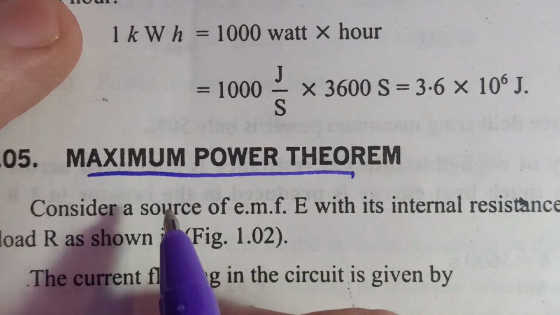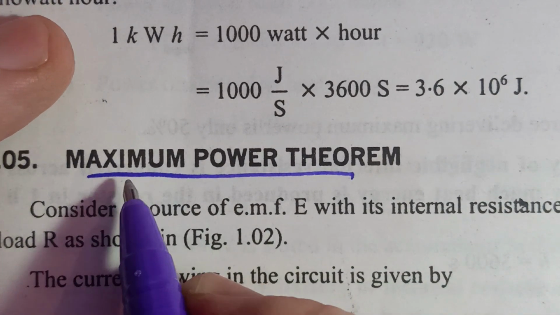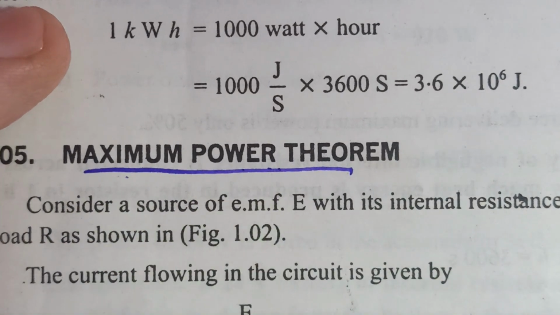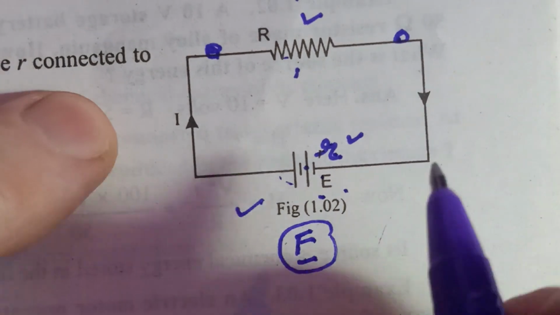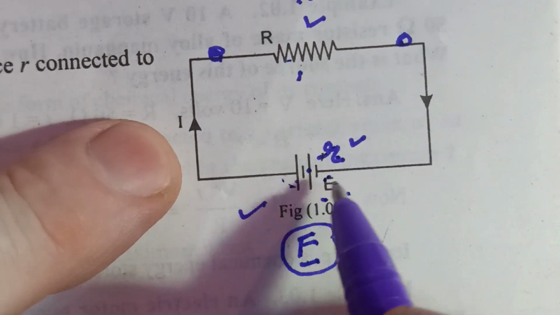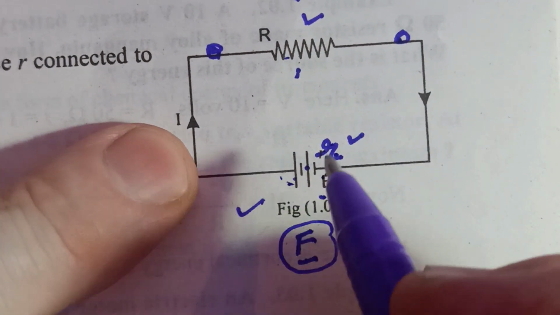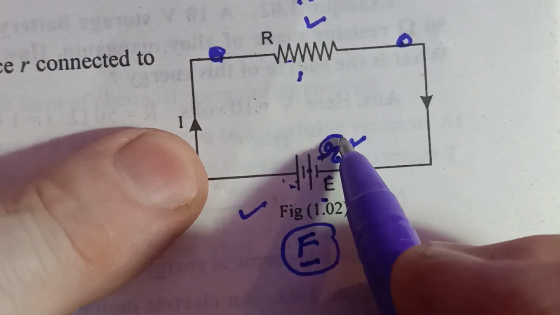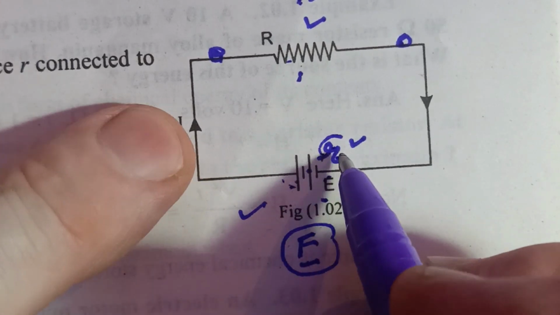Dear friends, today our problem is the maximum power theorem. We have a very simple circuit: a battery of EMF E. The internal resistance of the battery is small r.